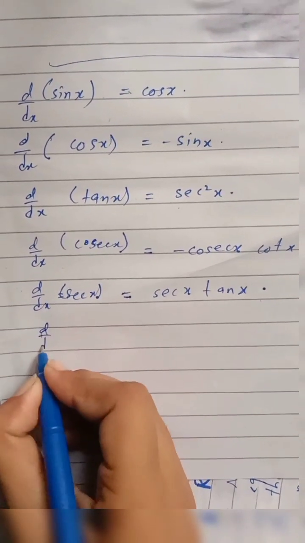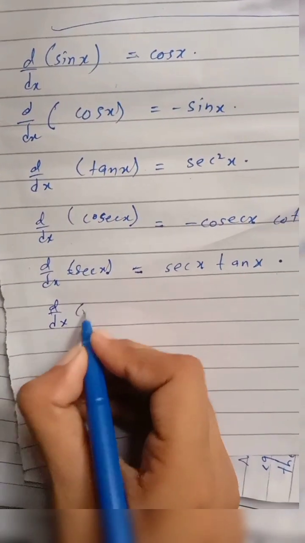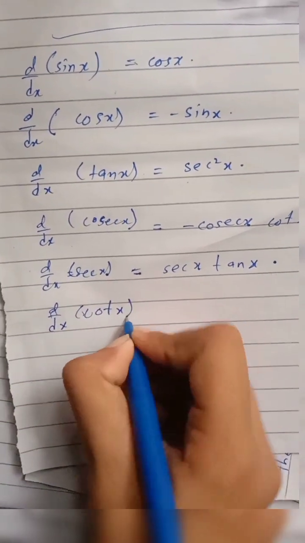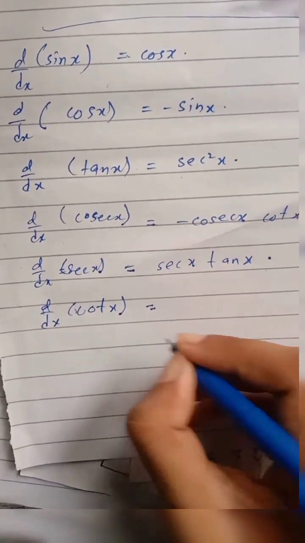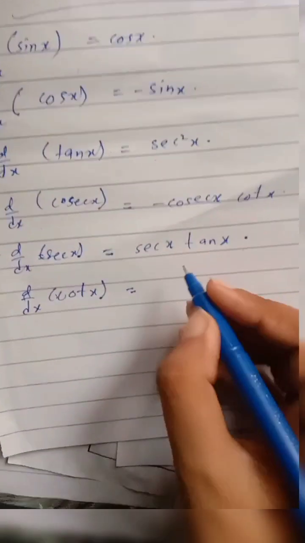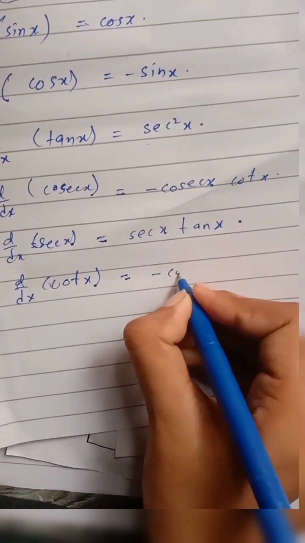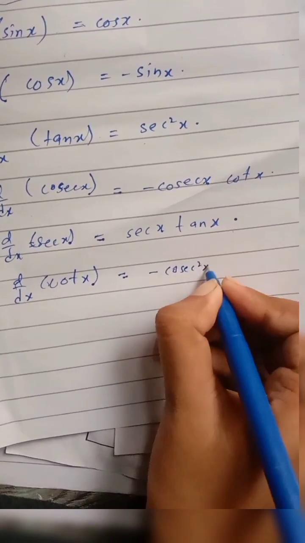The derivative of cot x, the reciprocal of tan x, is minus cosecant square x.